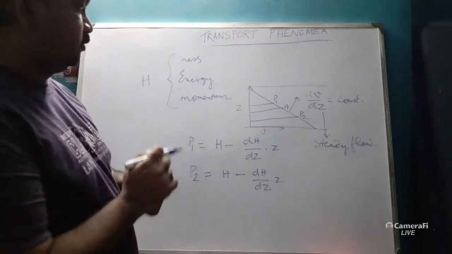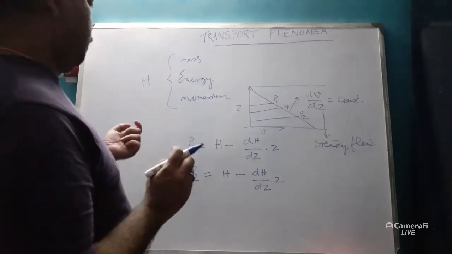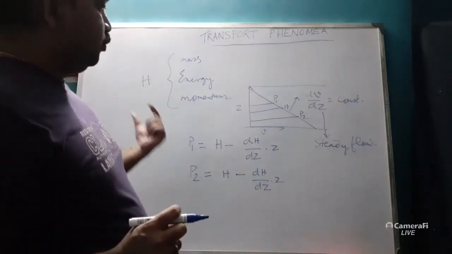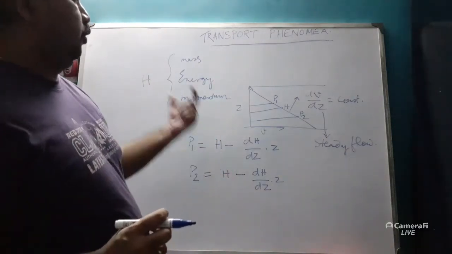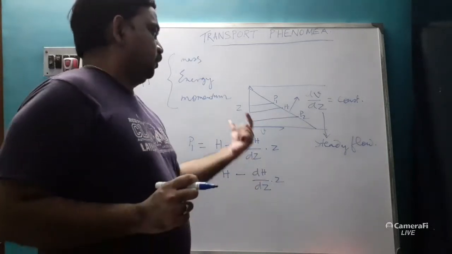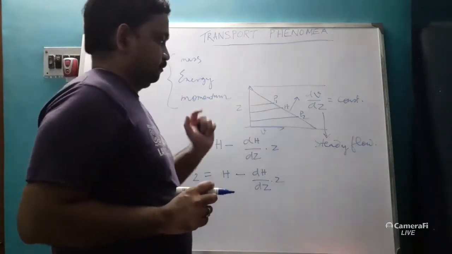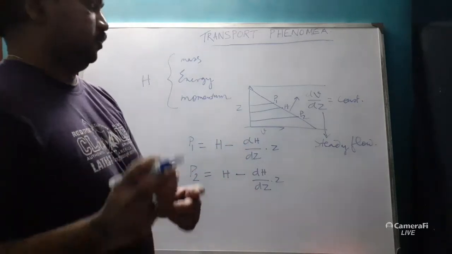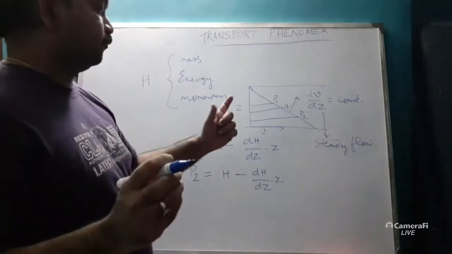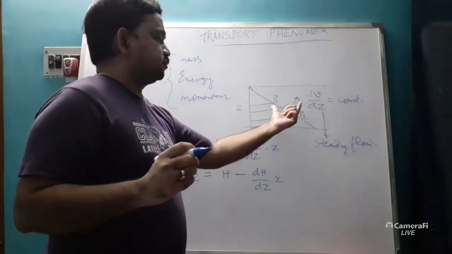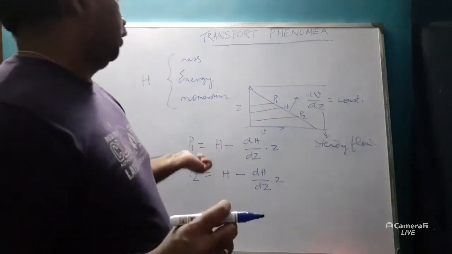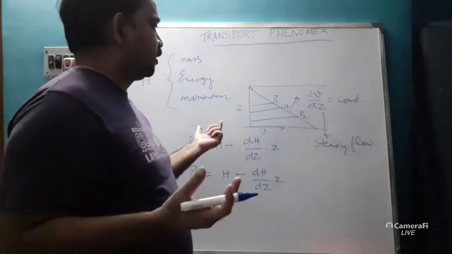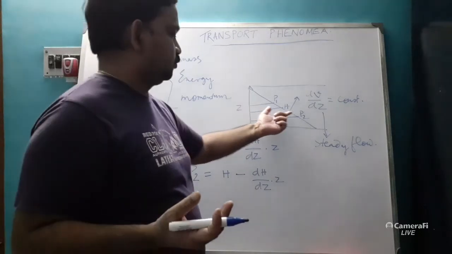Why is this important? This is important because if we had not known this, then we would not be able to know how the liquid behaves in that particular system. Suppose the behavior of a liquid like water is different from that of some other viscous liquid, like some chemical or petroleum flowing in this pipe.